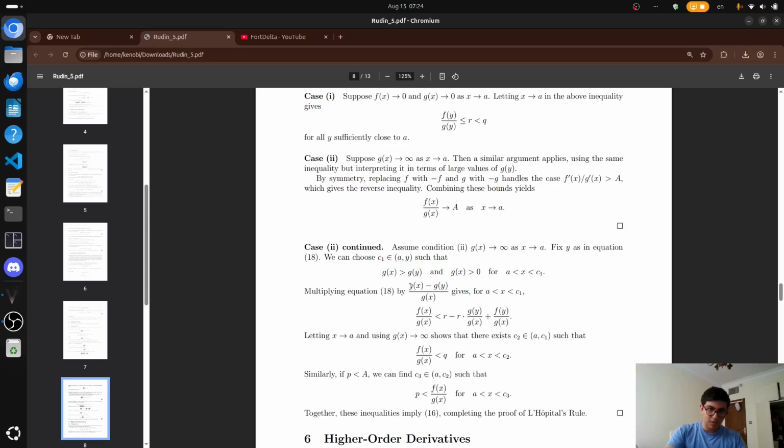So we can multiply equation 18 by g of x minus g of y over g of x, again using the property of differences, and you're going to get that it's going to give you this.